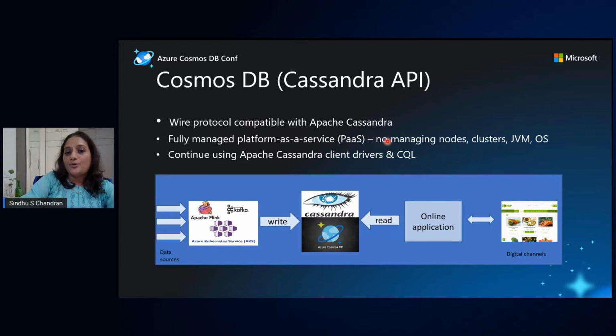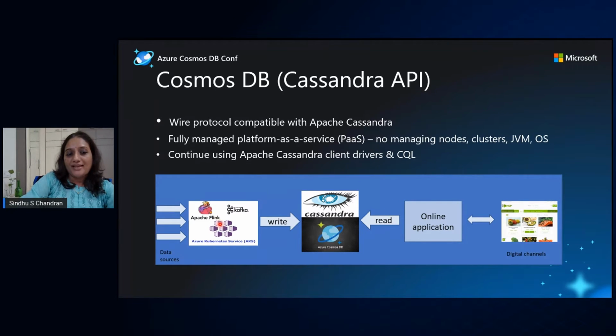So this means that they no longer need to manage the nodes and clusters, what they were doing currently on-prem. So this saves a considerable amount of time and money. And the third important advantage is that they can continue to use the client drivers and the familiar CQL that they were using on-prem.